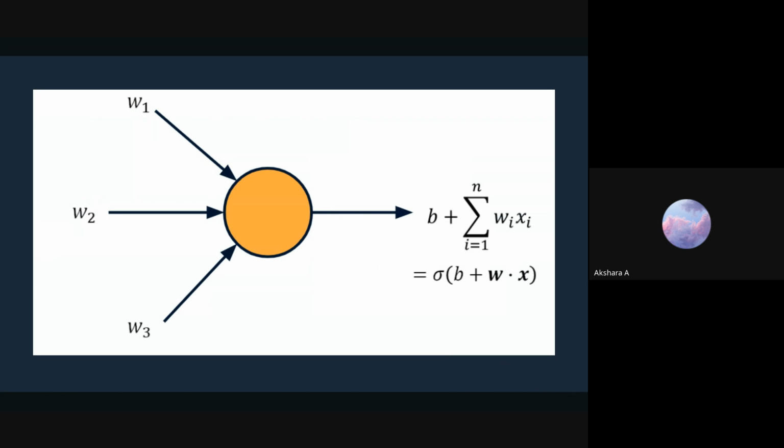If you apply the activation function to this result, you will get the output of the neuron, sigma times V plus W multiplied by X. So for a layer of multiple neurons, this also extends to matrix multiplications, sigma times capital W times X plus V, where W is the weight matrix and V is the bias vector for the entire layer.